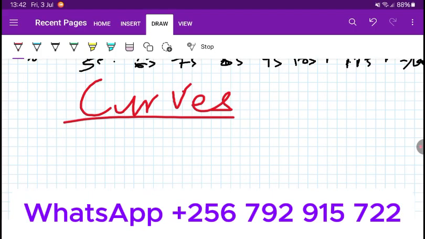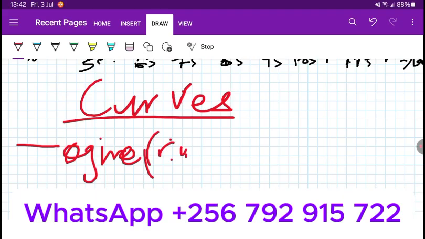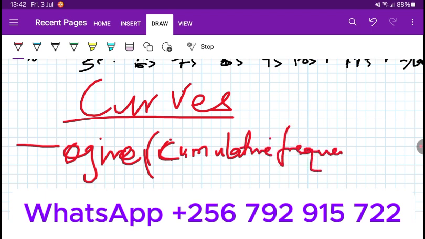We are going to focus on only 2. We have what we call the ogive, or sometimes they call them the cumulative frequency curves.